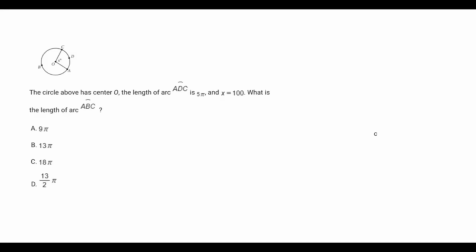So the first thing we know is that the angle x is going to be corresponding with that arc ADC. So our angle x, we can just write this on top, would be 100, right? And so it's corresponding to arc ADC, which has a length of 5 pi. And so now they want us to determine what is the length of arc ABC, right? This side right here.